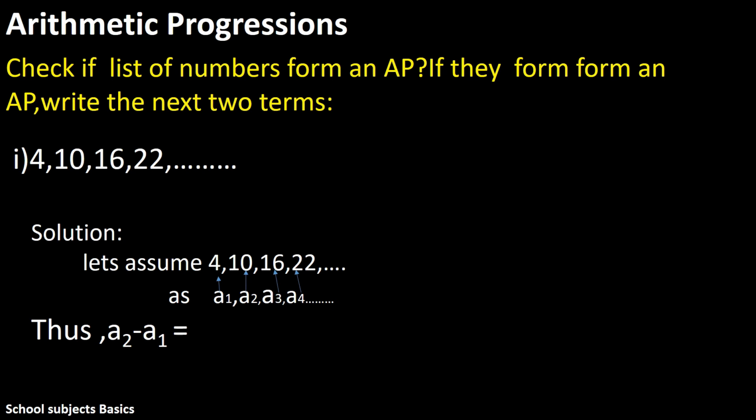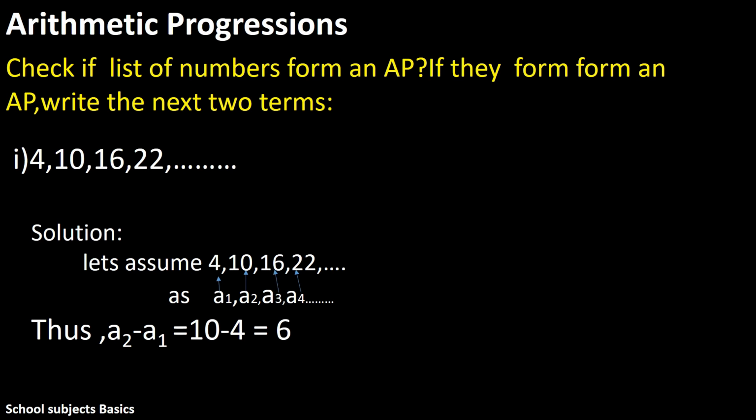We know that A2 is 10 and A1 is 4. So A2 minus A1 is 10 minus 4. By subtracting 4 from 10, we get the answer 6.